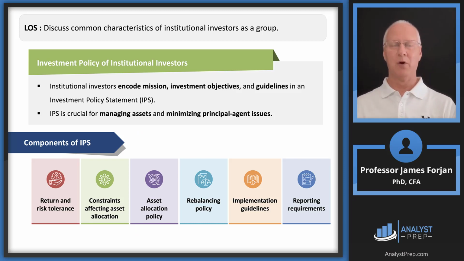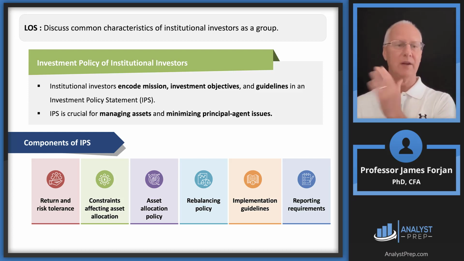All right, common components of the policy statement. We know this from level 1 and level 2, but let's go ahead and talk specifically about risk and return objectives down in that bottom left. Let's go ahead and start with this. I said this a little bit earlier. It depends on a couple of things, the ability and the willingness of the board of directors, and then the idea behind the creation of the institutional group.